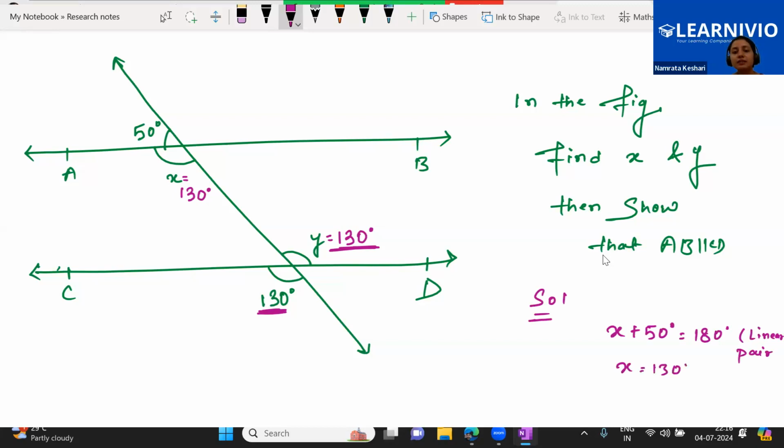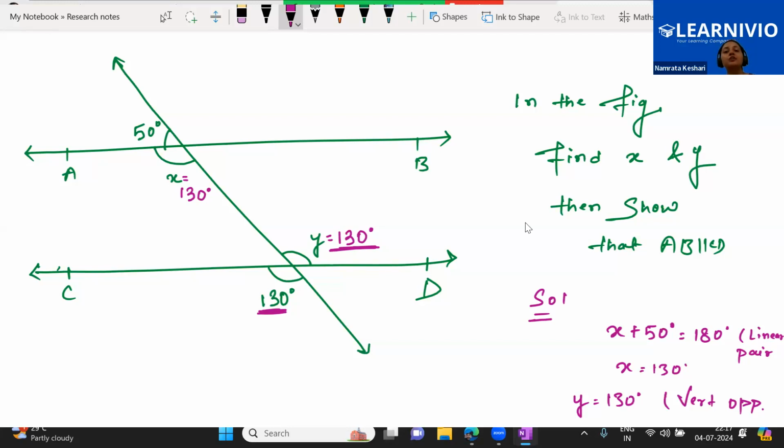Now we will say that Y will also be 130 degrees, vertically opposite angle. Now we will say that since X and Y are the same, we have two lines, AB and CD, there is a transversal and vertically opposite angles are the same.